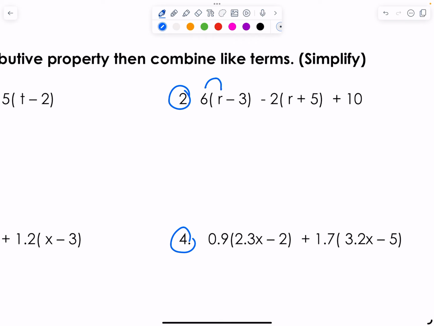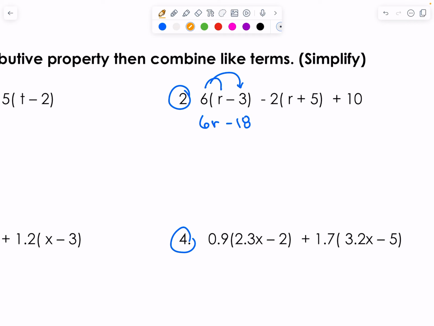So I'm going to distribute that 6. So I get 6r minus 18. And then the next part of that expression is negative 2 times r plus 5.